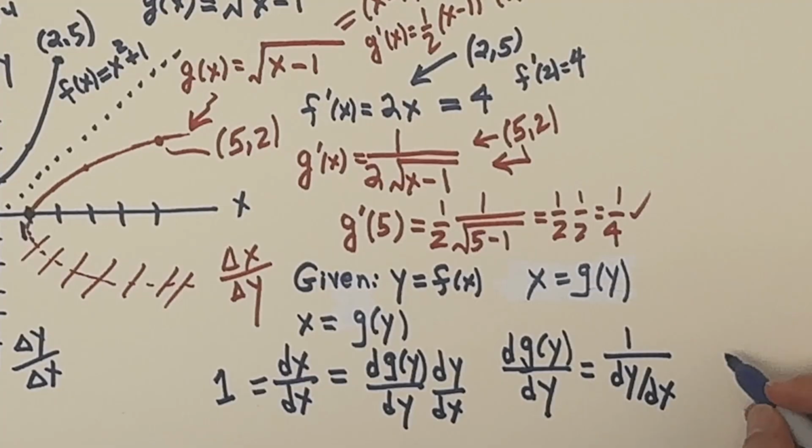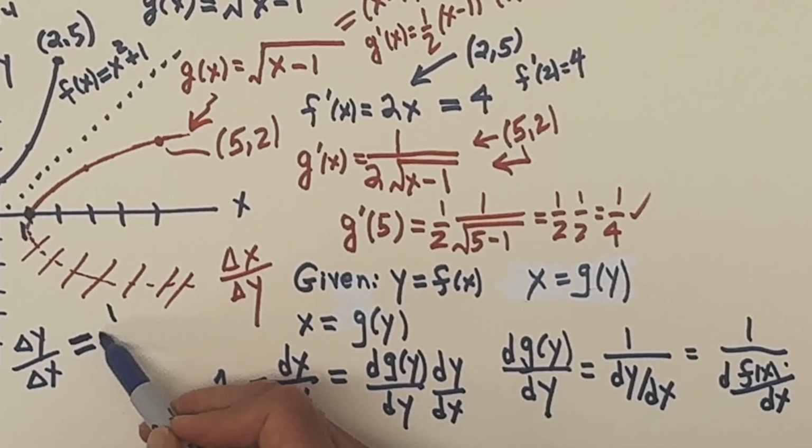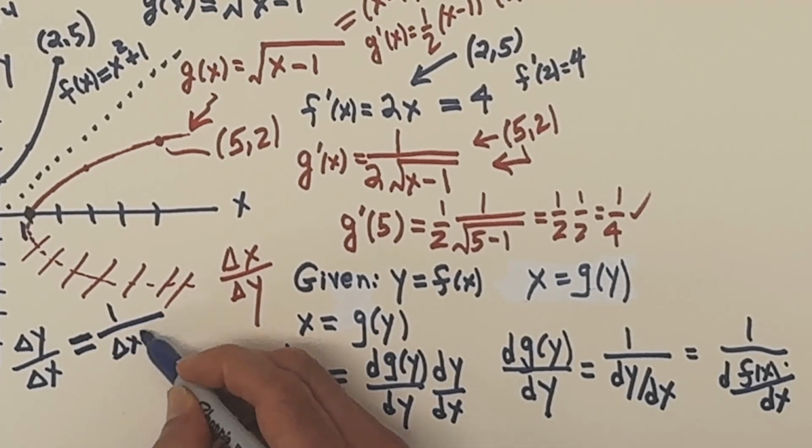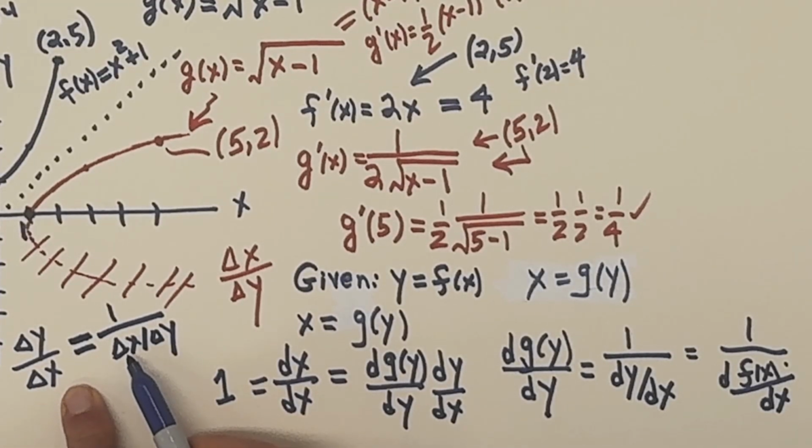So now I can put this function here with this f of x, just to have a consistent notation like this. And this is the intuition we saw earlier with the delta y over delta x can be thought of as being 1 over delta x over delta y. And when you take limits, this is basically a similar statement.